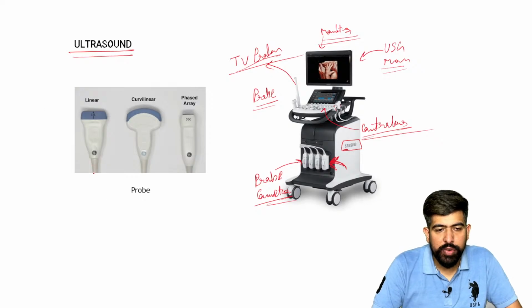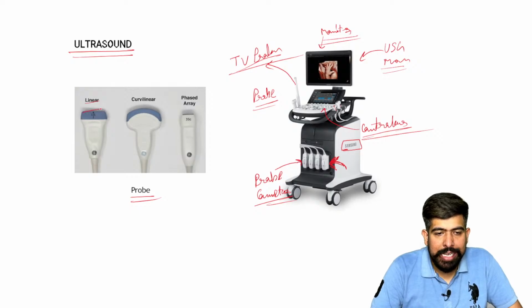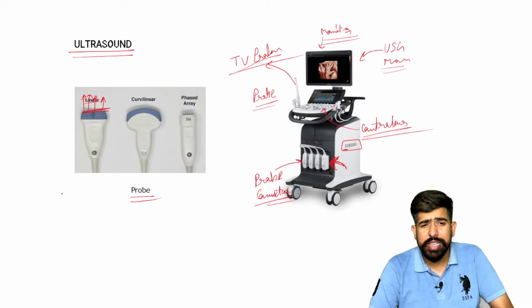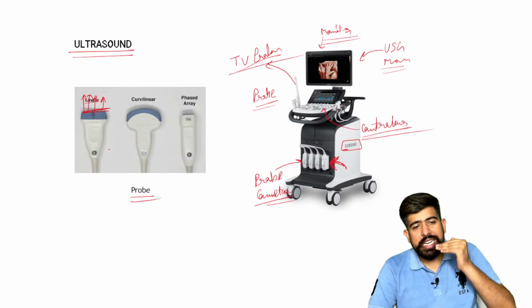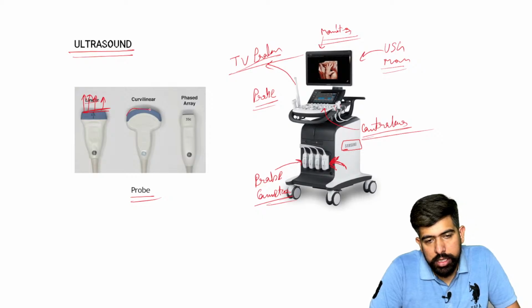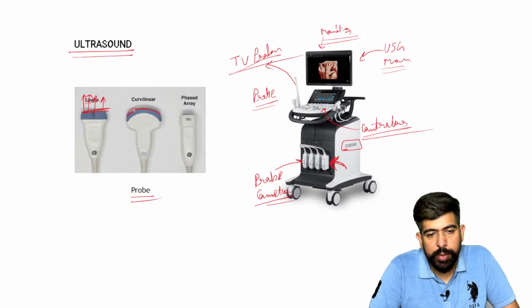Also, we have different probes to talk about. You can see over here, this is the linear probe. It means it will give the acoustic, the sonic waves, only in the linear form. But also we have the curvilinear, which means the curve.